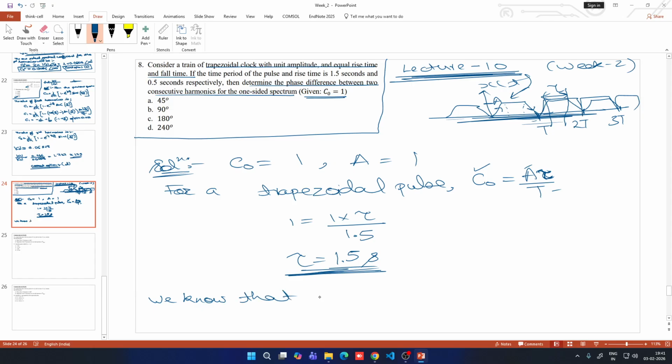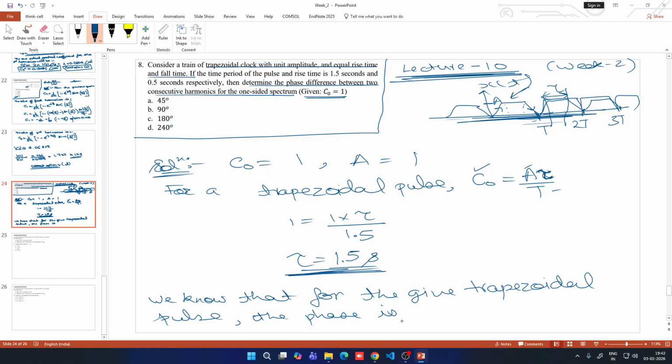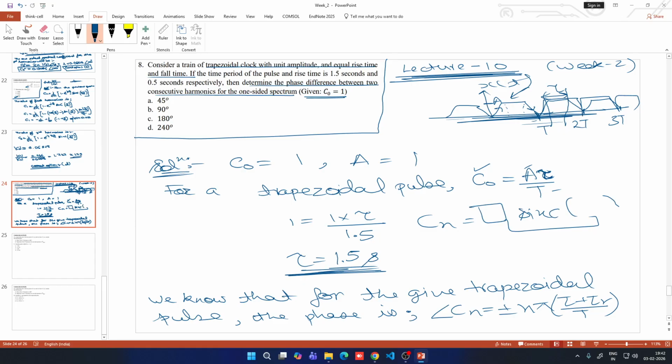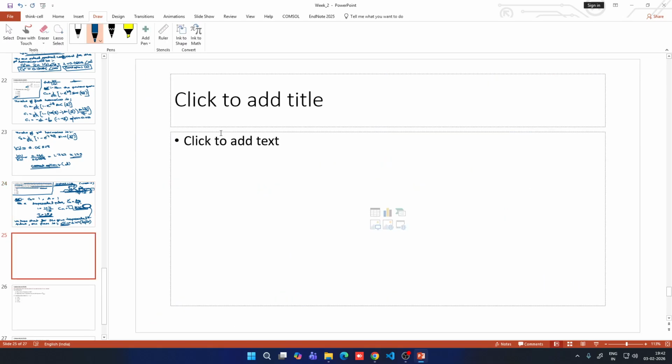So for the given trapezoidal pulse, the phase angle of Cn is plus minus n pi into (tau plus tau r) by T. It came from the sinc term, which you get if you derive Cn; the angle inside that sinc function is the angle for this Cn, plus minus n pi into (tau plus tau r) divided by T. So we'll move on to the next page.